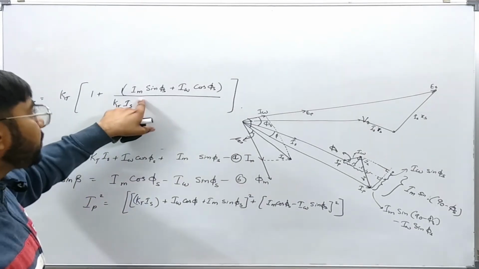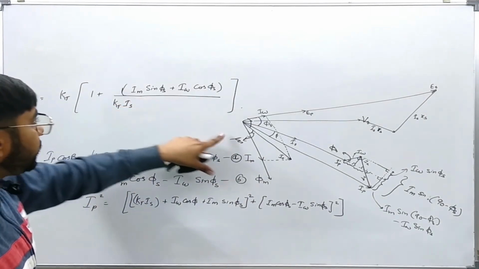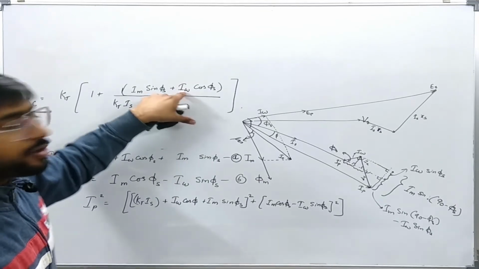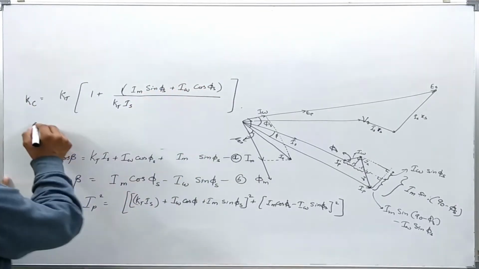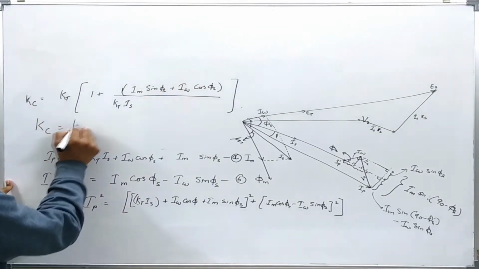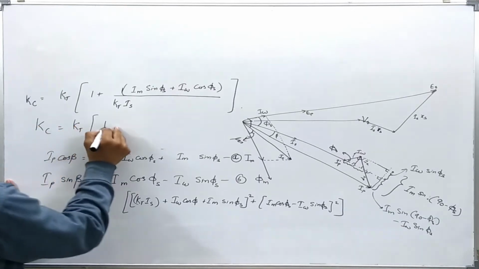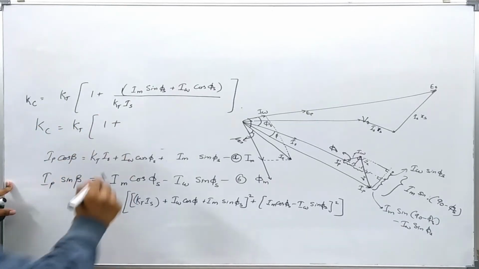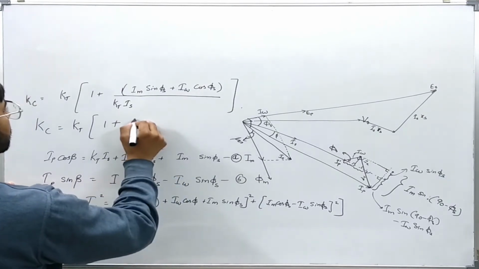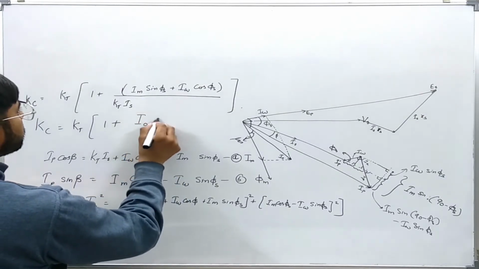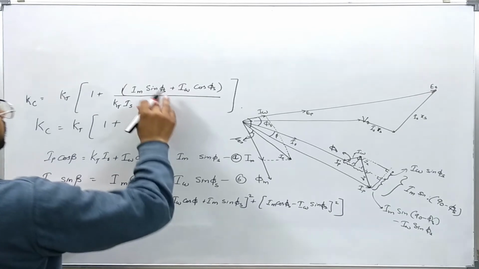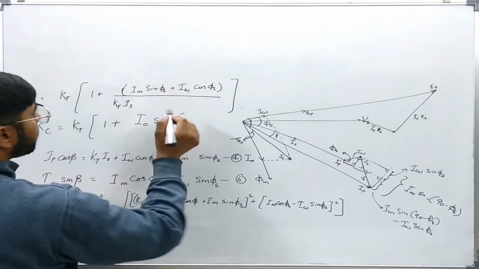So Im is nothing but I naught cos zeta and IW is I naught sin zeta. So I can write Kc is equal to KT times 1 plus I naught over KT IS, sin A cos B plus cos A sin B.